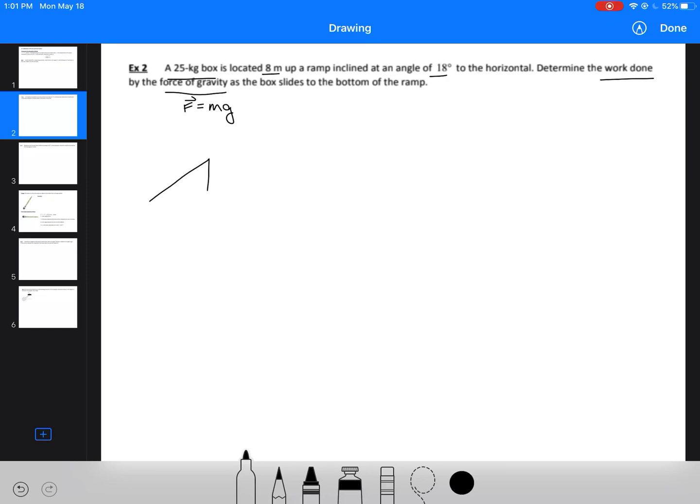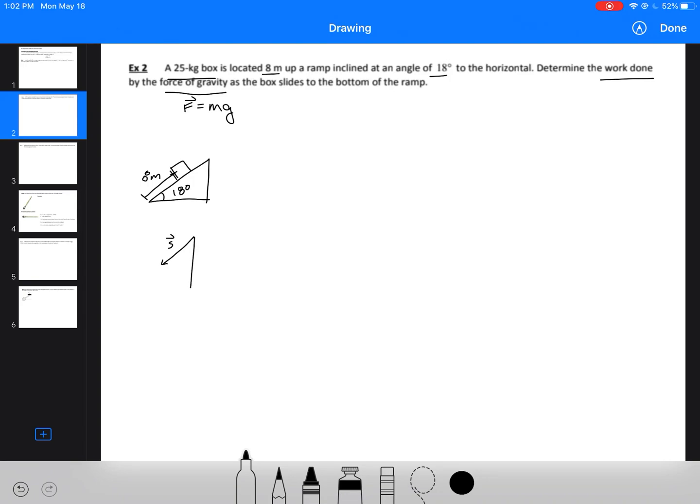So let's draw a picture. We've got a ramp. We've got a box. The angle of the ramp is 18 degrees, and the distance between the bottom of the ramp and the box is 8 meters. Now I'm going to draw another diagram down below to help us figure out where all of the angles go. We have the box sliding down the ramp. This is our displacement.